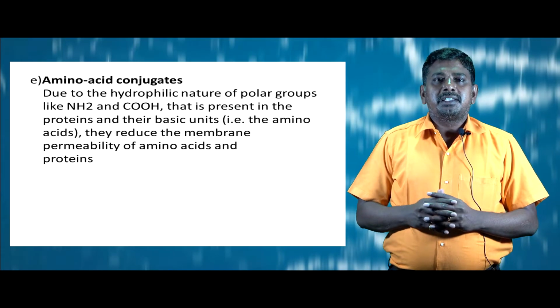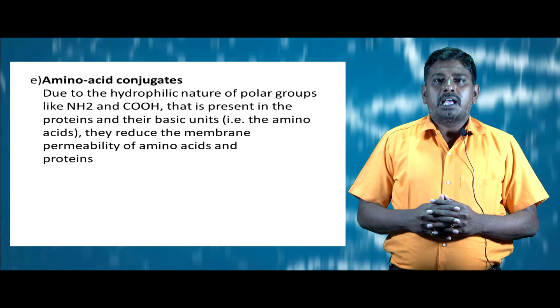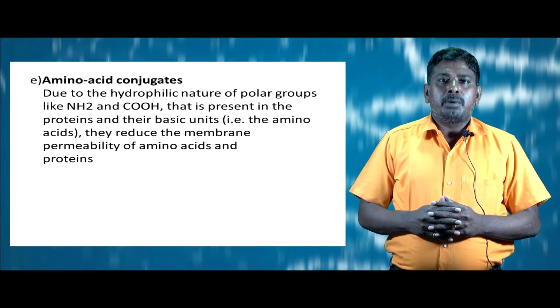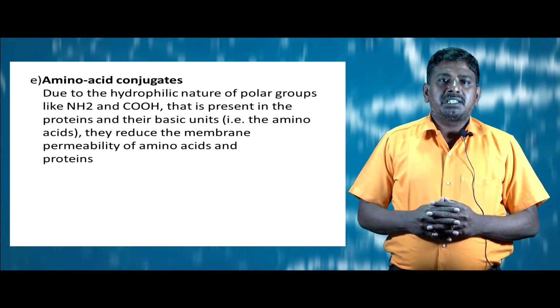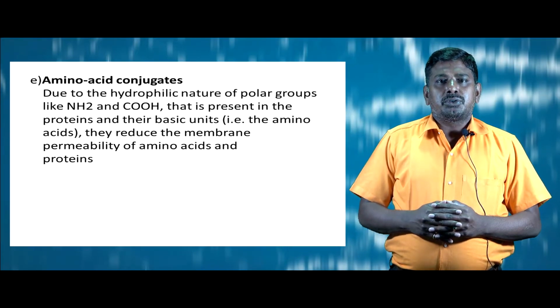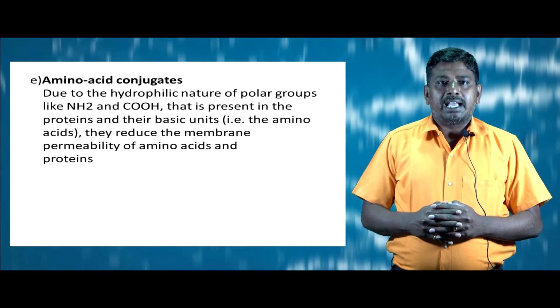The next method is amino acid conjugation. What is meant by amino acid conjugation? It contributes to the metabolism and toxicity of xenobiotics containing carboxylic acids, due to the hydrophilic nature of polar groups like NH2 and COOH.